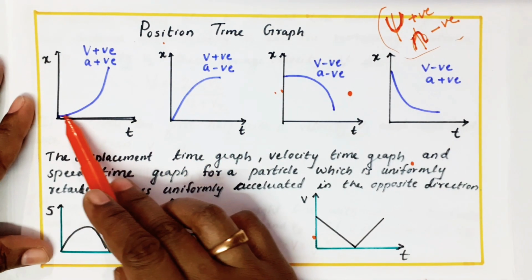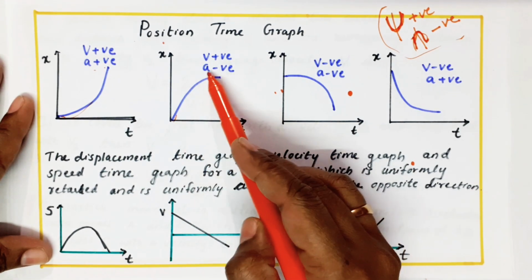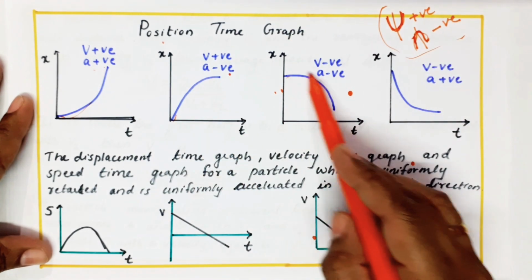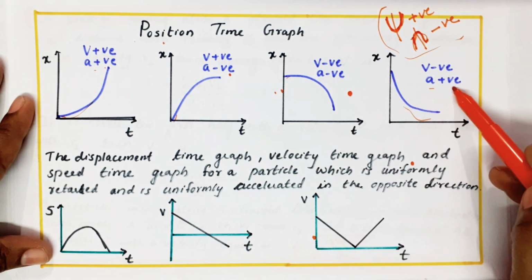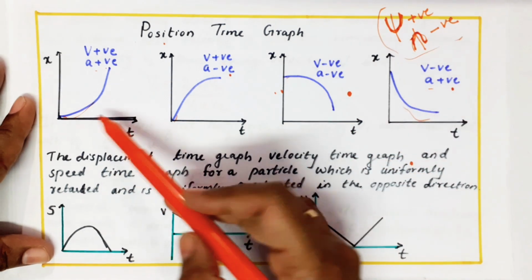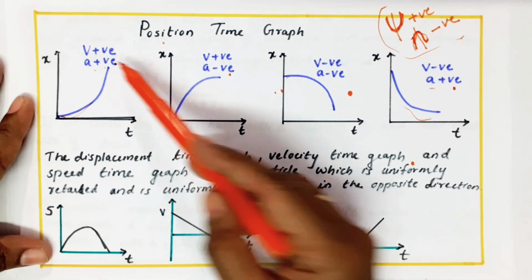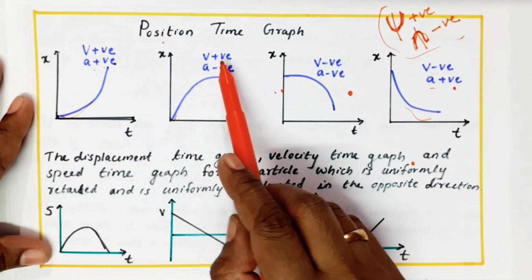So now you see it's a U shape, so a is positive. This is like an N half, so a is negative. This is the remaining N half, a is negative. This is the first U half, a is positive. You remember it like that. Here we know it is increasing in nature. This also is increasing. So in both cases, velocity is positive.